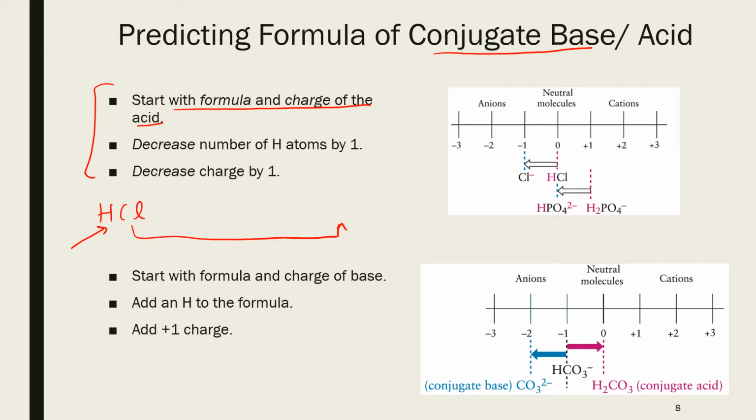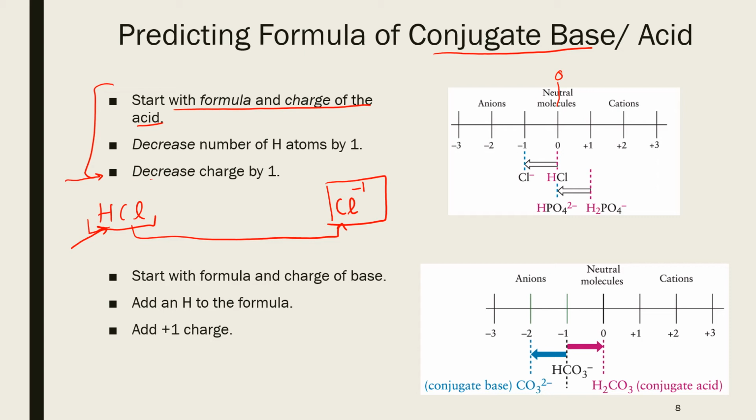In our case, we have only one hydrogen, so if we decrease by 1, we'll be at 0. So on the other side, we'll have just Cl because we have one less hydrogen. And then finally, decrease the charge by 1. The starting acid has no charge, its charge is 0 because it's a neutral molecule. So if we decrease by 1, the charge will be -1. So the conjugate base of HCl is Cl -1.